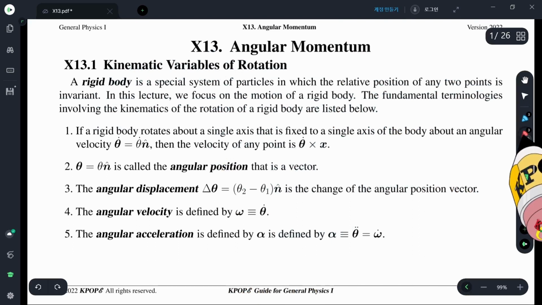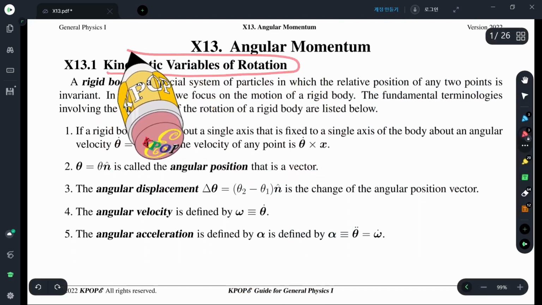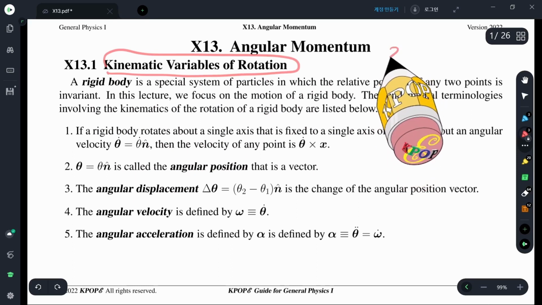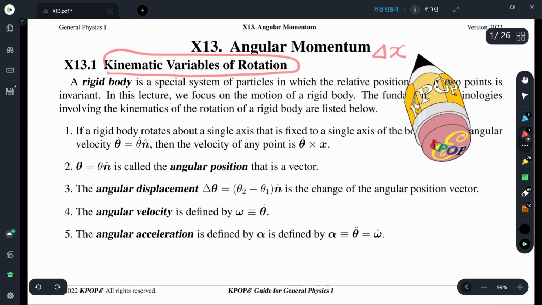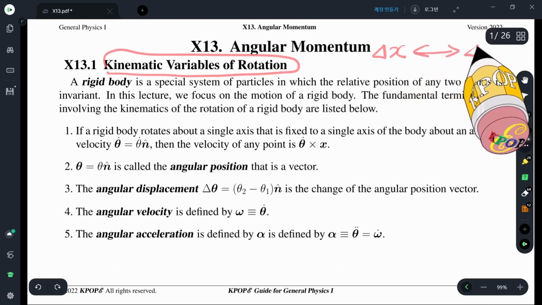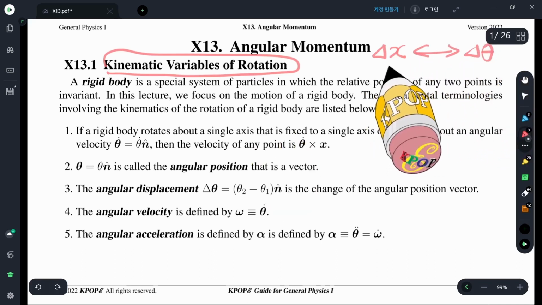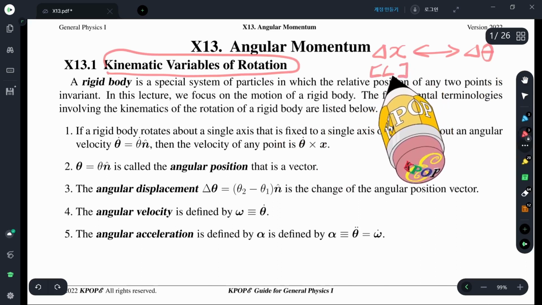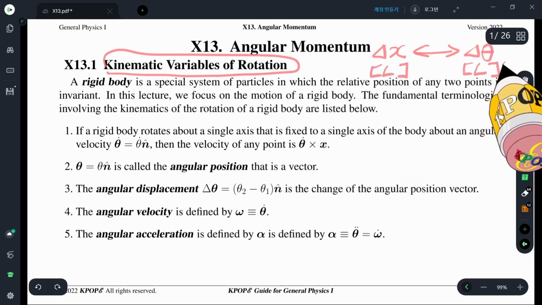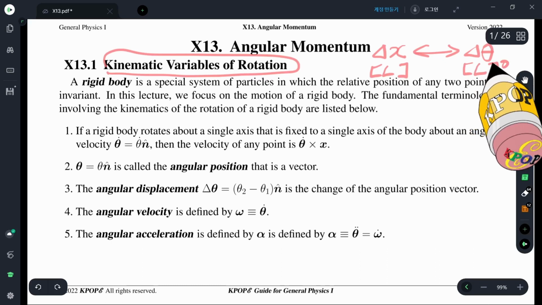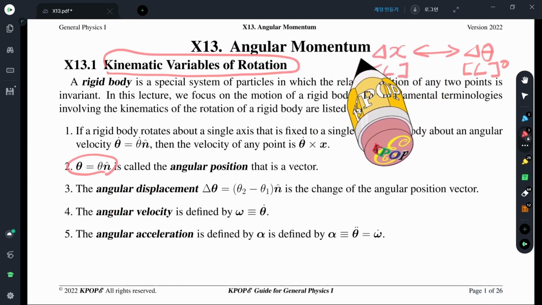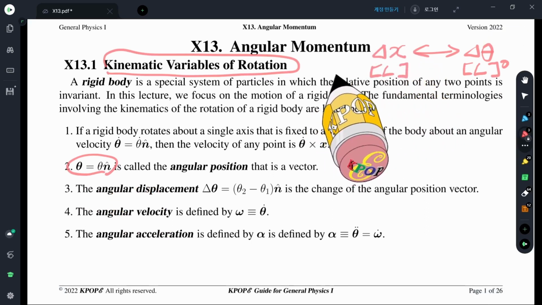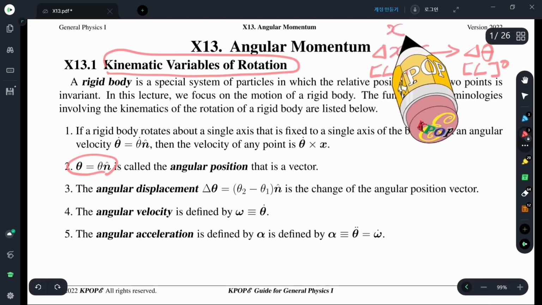First of all, there are kinematic variables of rotation. Unlike the displacement, we have angular displacement, and this does not carry any dimension. This is a dimensionless quantity. So first, before we compute the displacement, we need to identify the position.